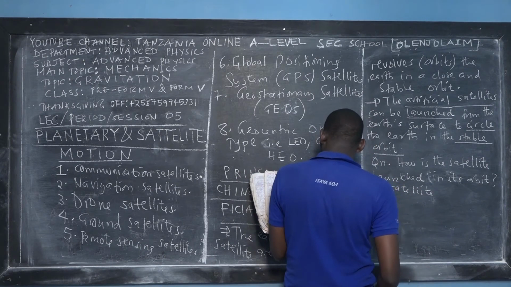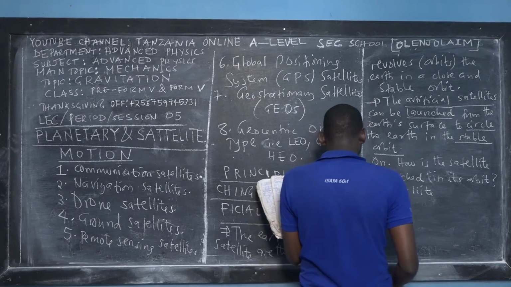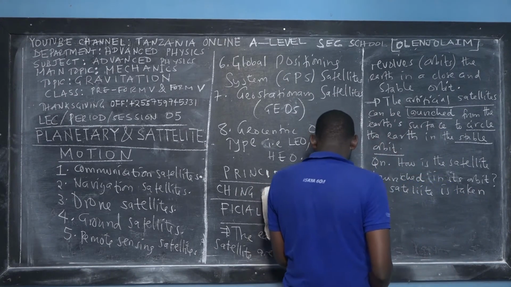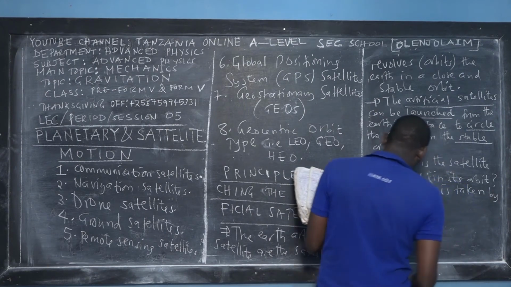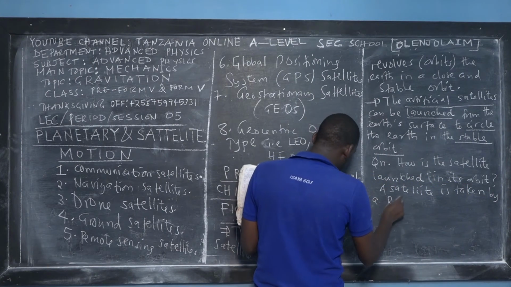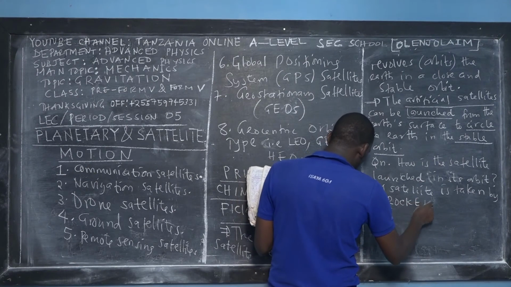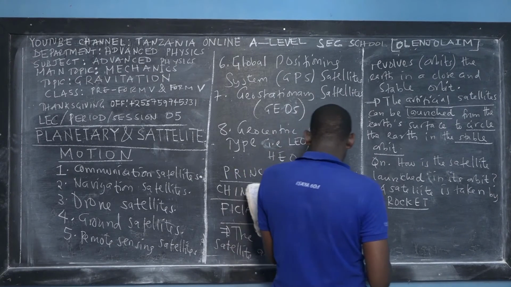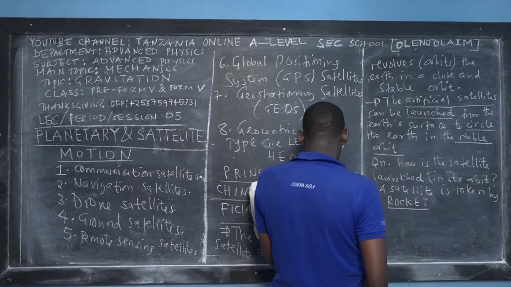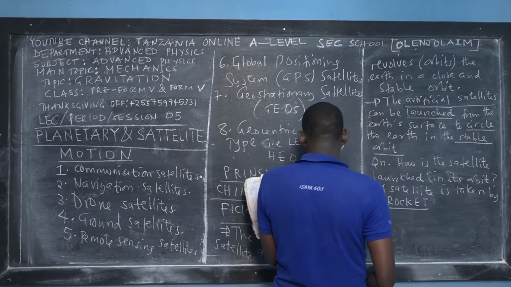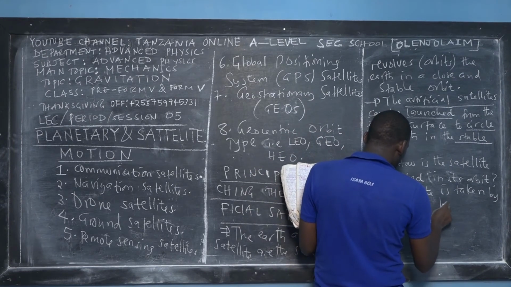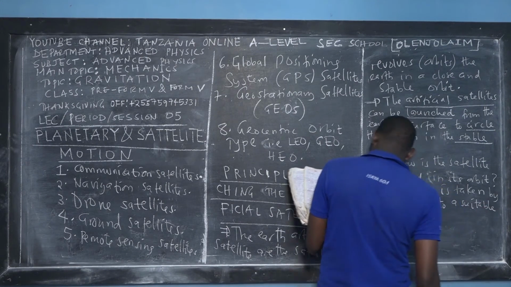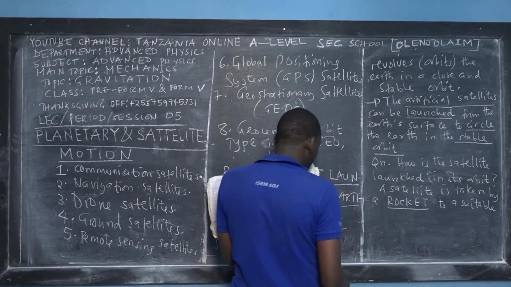A satellite, especially an artificial satellite, is taken by a rocket to a suitable height.